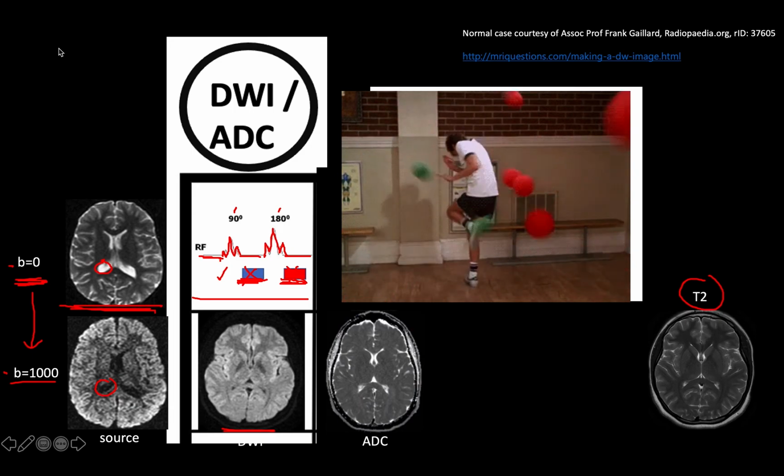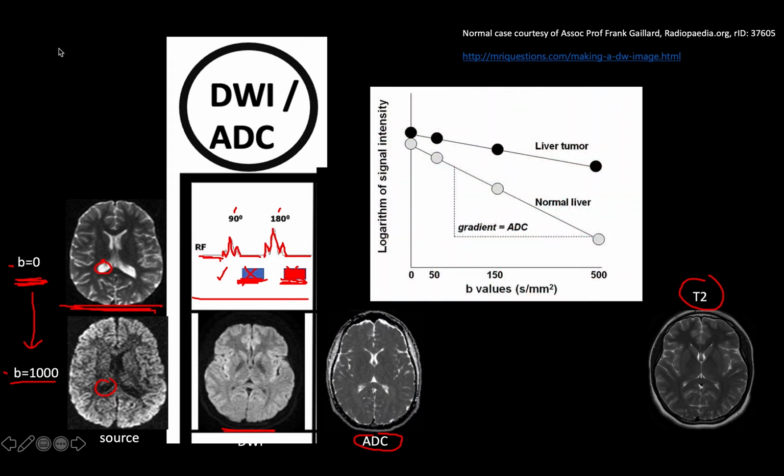Now, what about the partner of DWI, which is ADC? These two images, the B0 and the B1000 values, are processed by the computer. So let's take a look at this graph first.